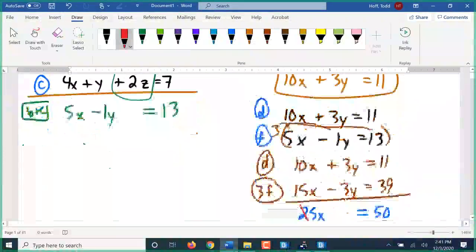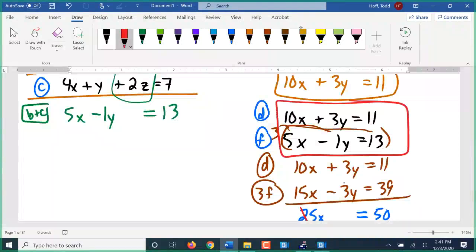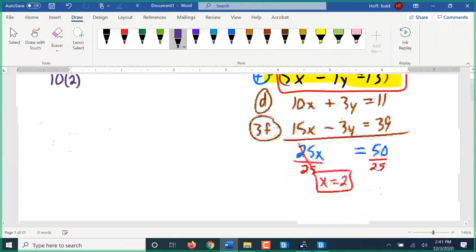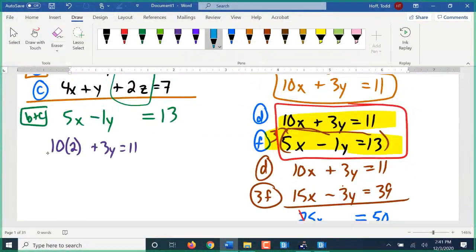So I have x. I need to go back and find y, or one of the other variables. I go back to my two variable system here, substitute into one of those. I'm going to do the top one just because it's positive variables. So 10x becomes 10 times 2, because x was 2, plus 3y equals 11. 10 times 2 is 20, plus 3y equals 11.